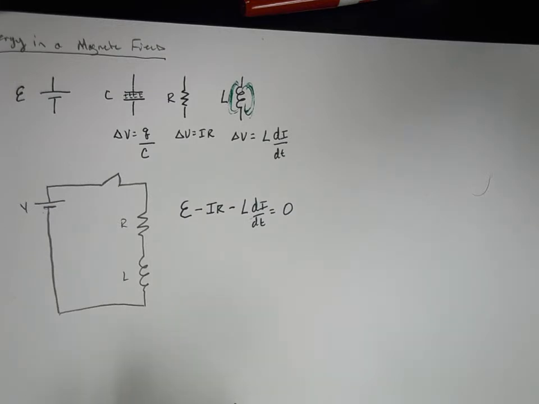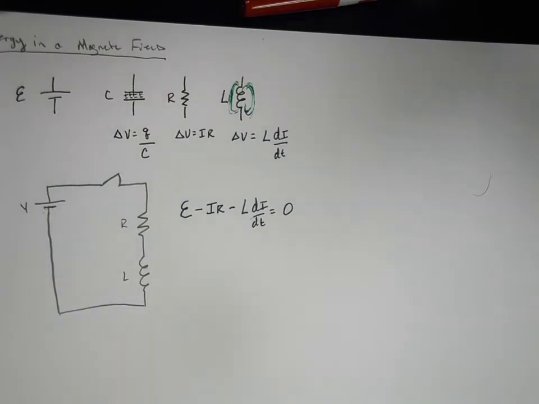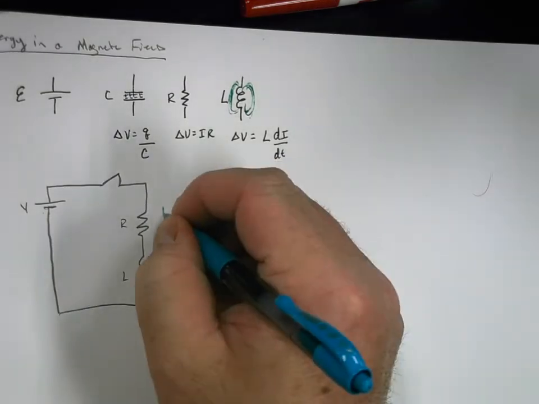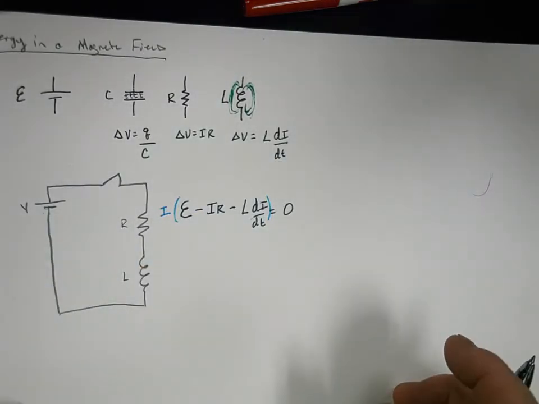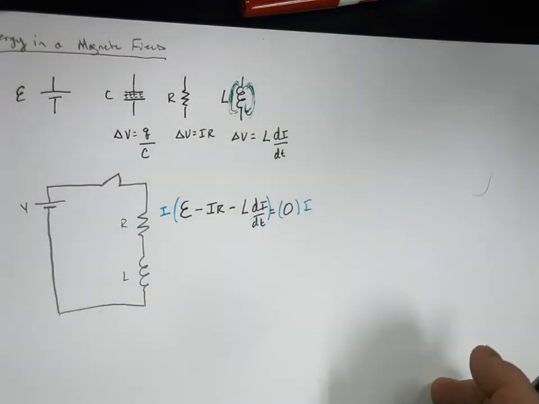Well, I'm going to do something a little tricky here. Just work with me here, I'm going to multiply both sides of this equation by I. No, not the imaginary i, because we're not ready to blow minds that way. But just times the current. We'll multiply them all by the current.